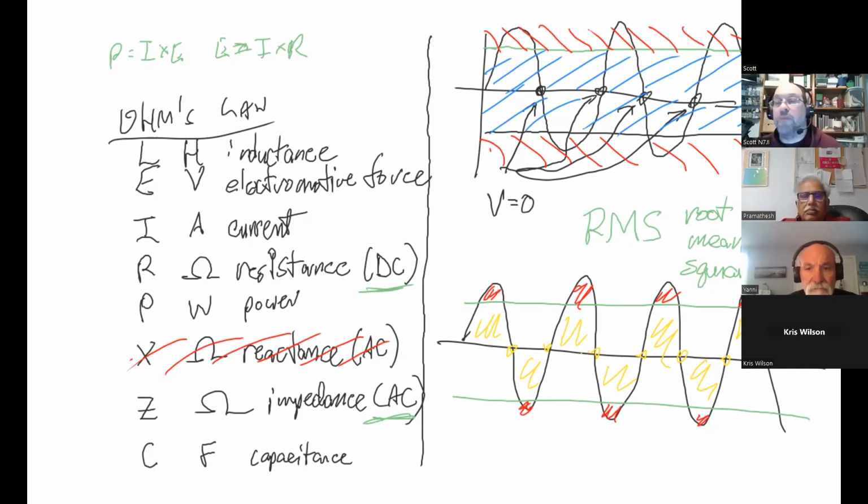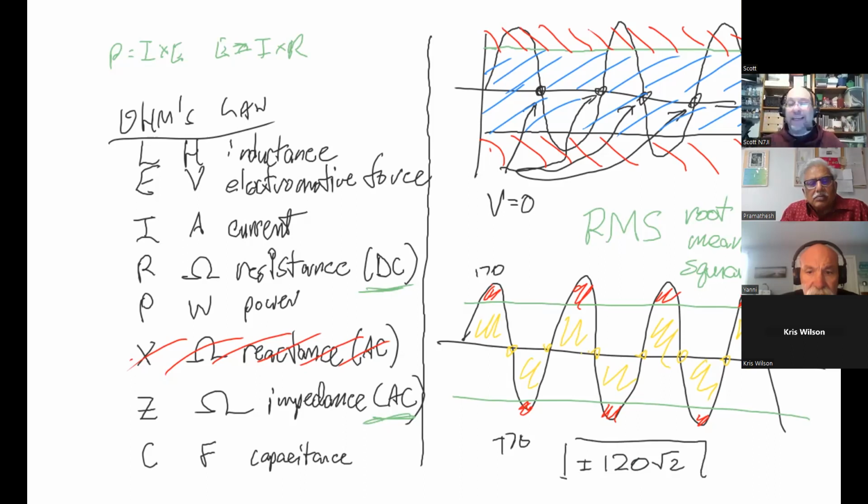If you were to measure this with an oscilloscope and get a graph of it, your peak would be 170 volts and your negative peak would be negative 170. It's actually 120 times the square root of 2, because that is the equivalent peak voltage that AC has to be in order to generate the same amount of power as DC.